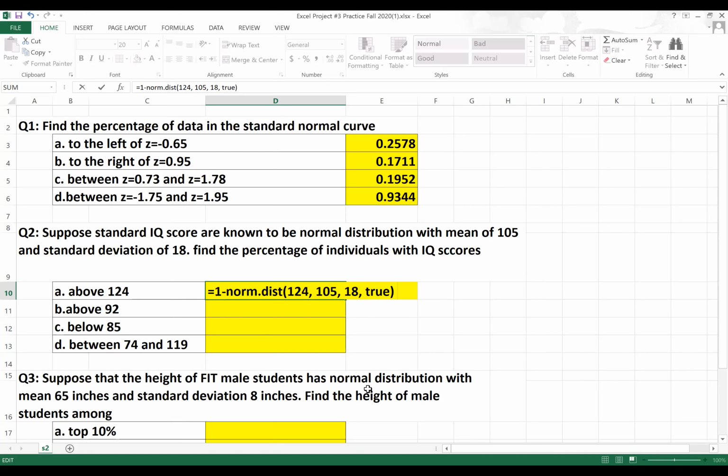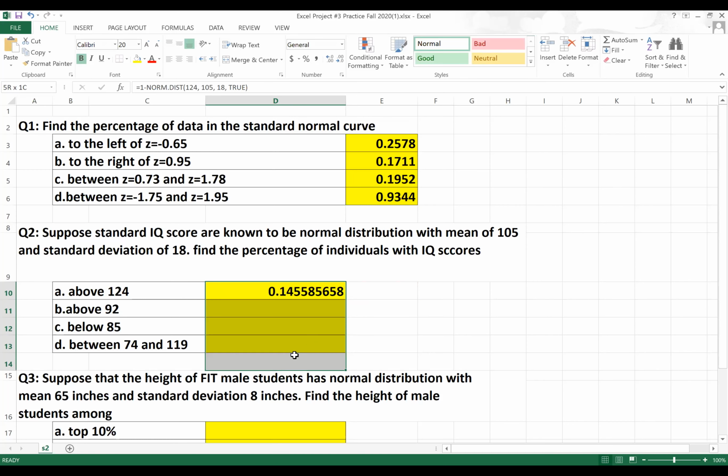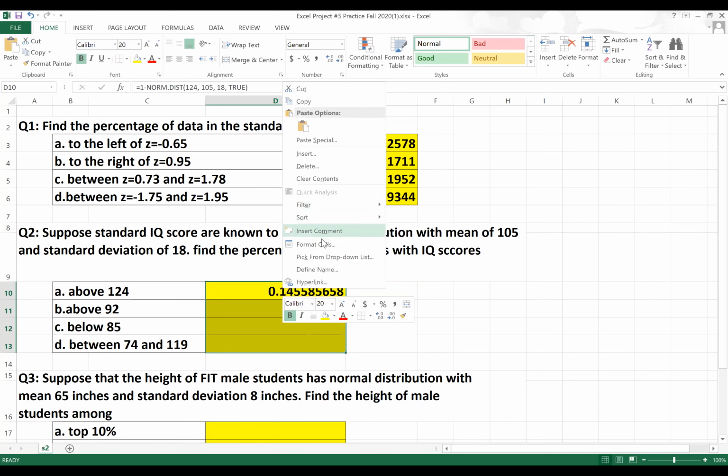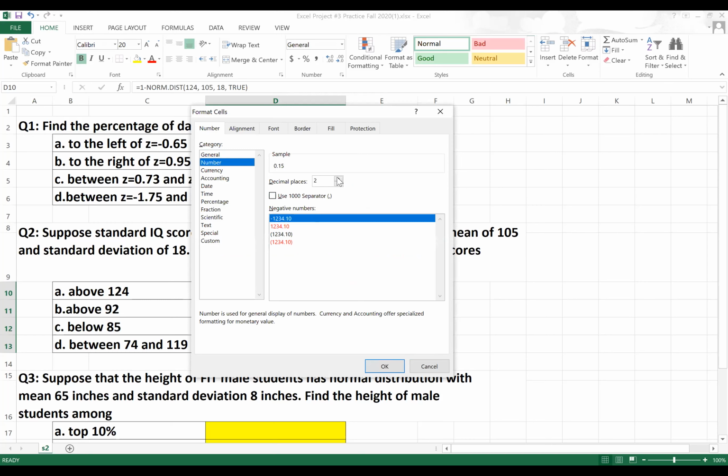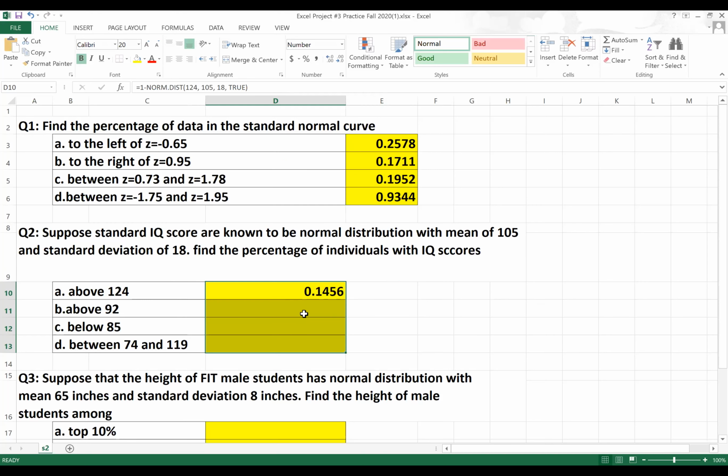Okay, so now you hit enter, you get a result. All right, so one more time, let me just run it for decimal places. Okay, so we have that.